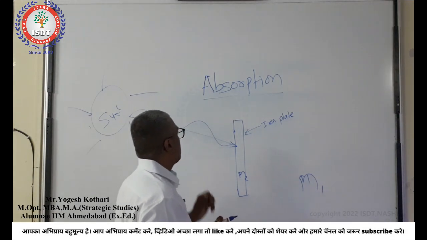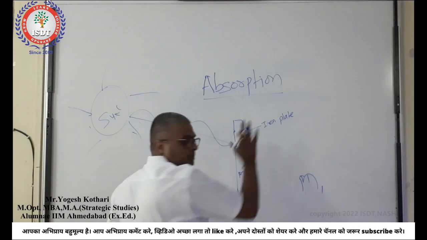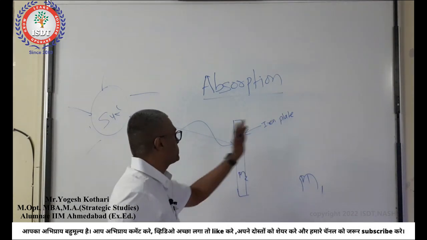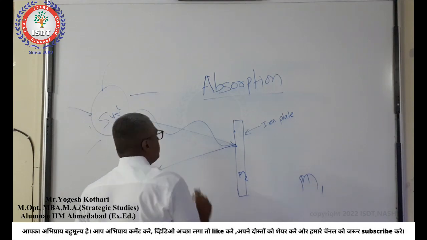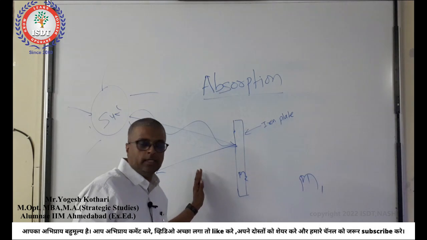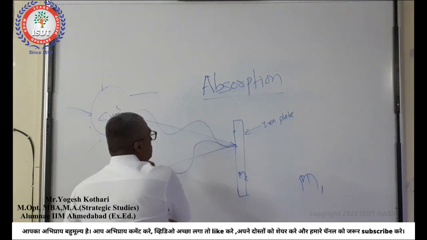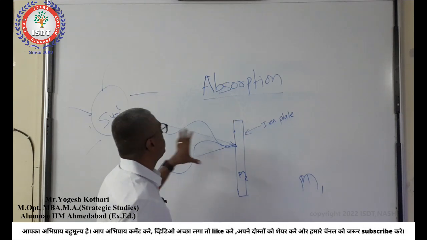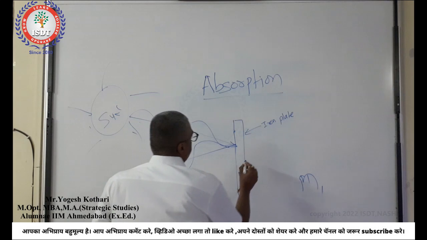So what is happening here is it is not refracting any light. No light is passing through this iron plate, but it is reflecting some light. If it is an absolutely clean steel plate, it will reflect more light. If it is a rough surface, it will reflect less light. So now what is happening, after a few minutes when we keep this in the sunlight, it starts getting heated.